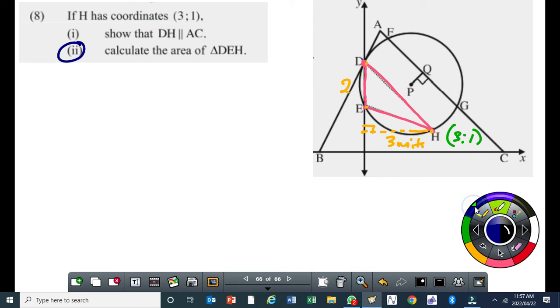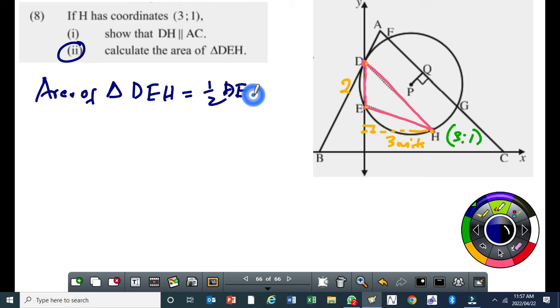So the area of triangle DEH will be half times DE times the height, in this case H, because unless we give a name to this point, we can just put H there.